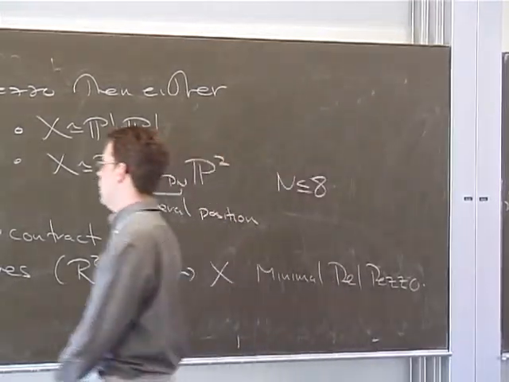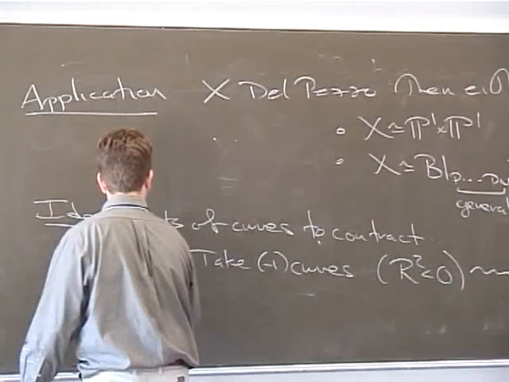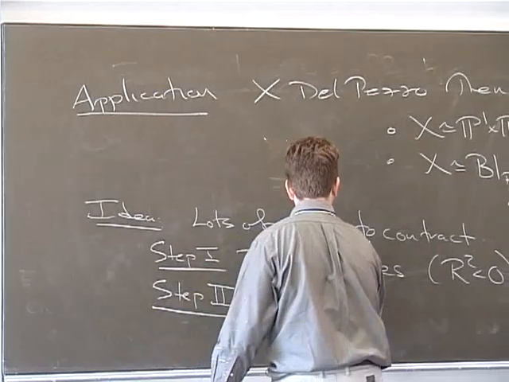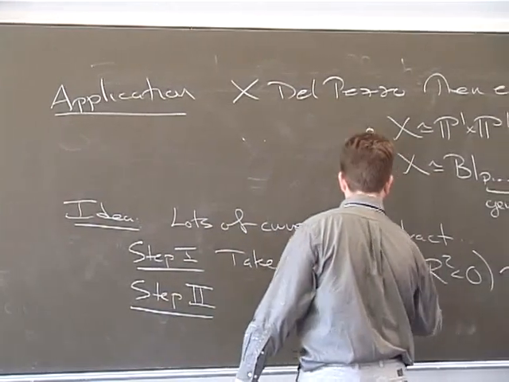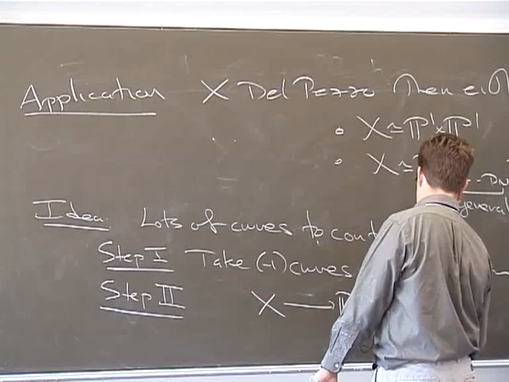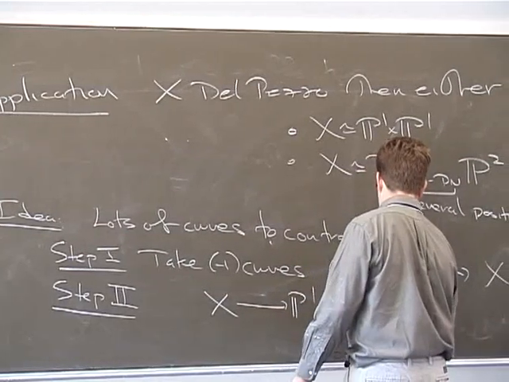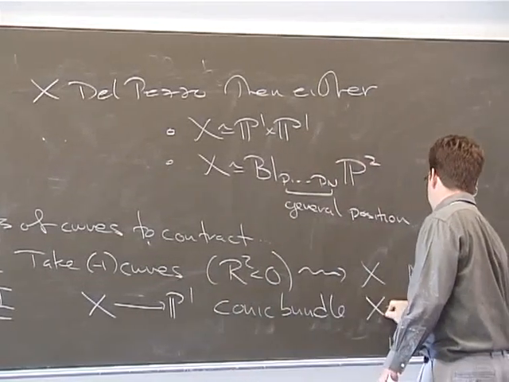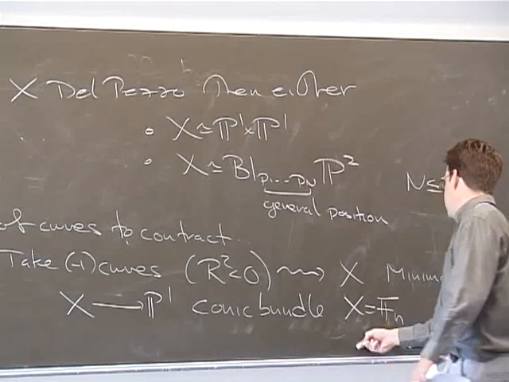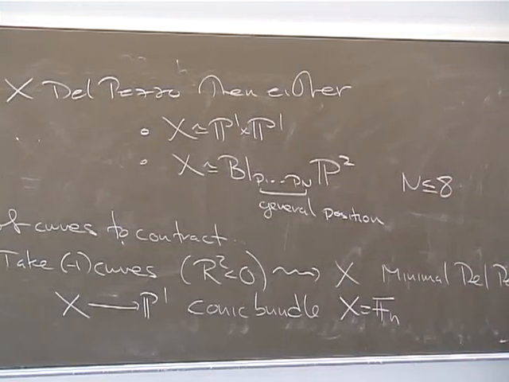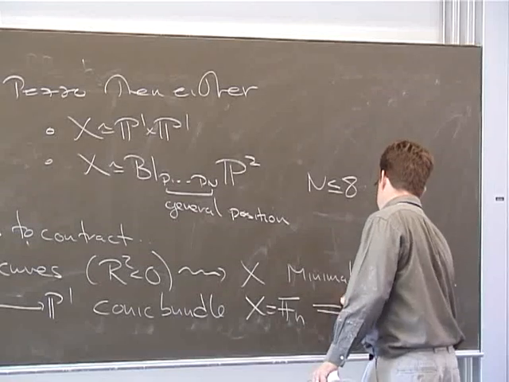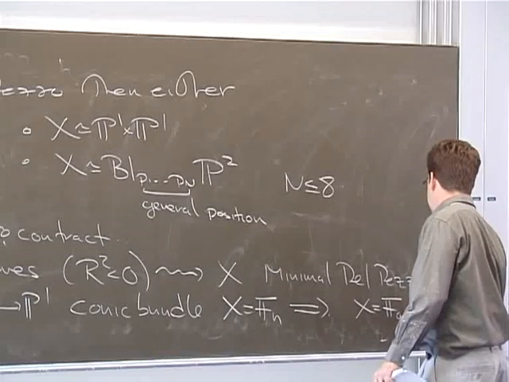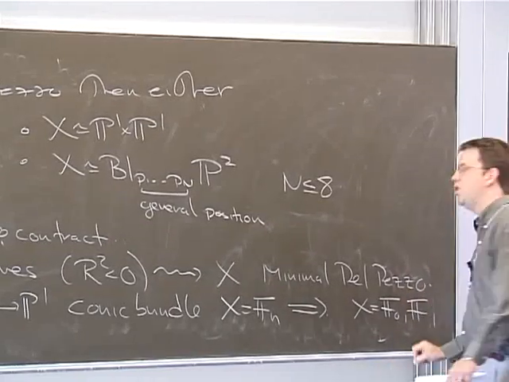And then, step 2, we have two possibilities. Either X over P1 is a conic bundle, so X is isomorphic to some Hirzebruch surface. In this case, the only possibilities that are del Pezzo are F0 or F1.